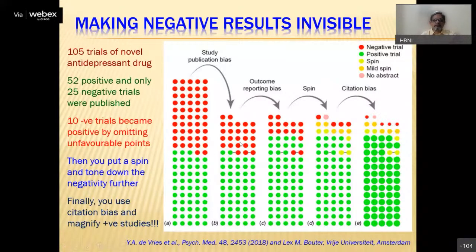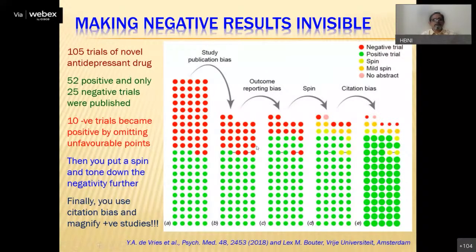So here it's a clear bias already saying that we don't want to see negative results. Okay. Then out of these 25 negative results, there were further publications down the line, out of which 10 negative trials out of these 25 were again selectively reported, in the sense that they did some falsification or things like that, polishing these things, glossing over problems and all those things, and then converting 10 negative trials into positive trials.